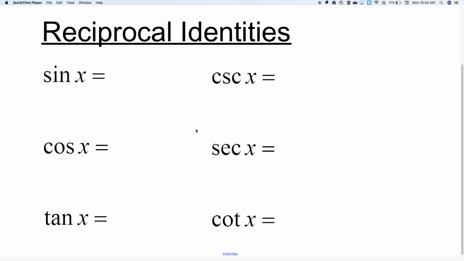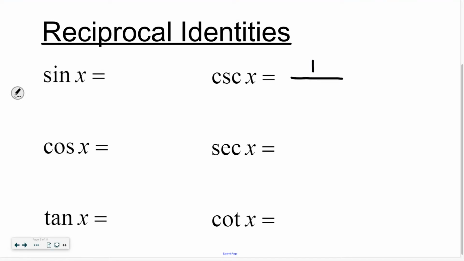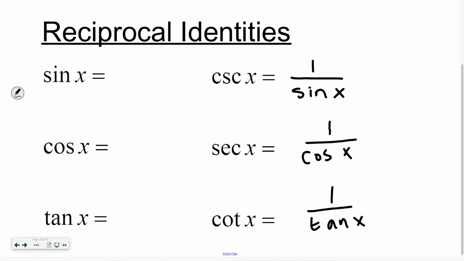So the cosecant of x is 1 over sine x. And the secant is 1 over cosine. And the cotangent is 1 over tangent. So make sure you got those down.